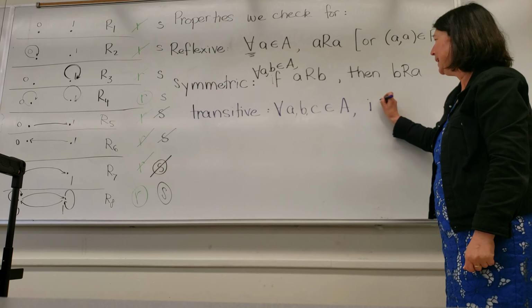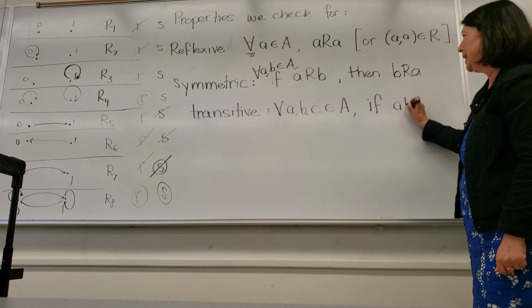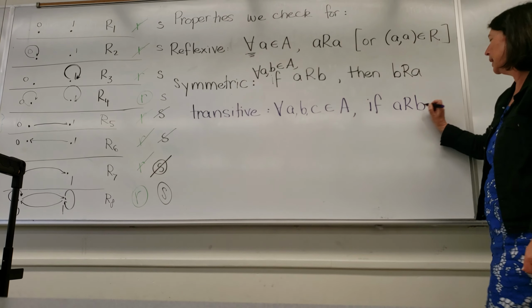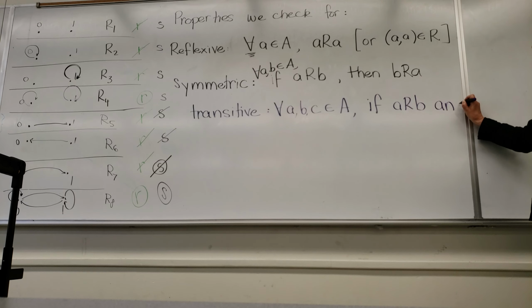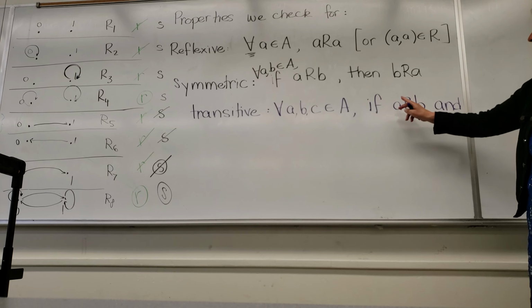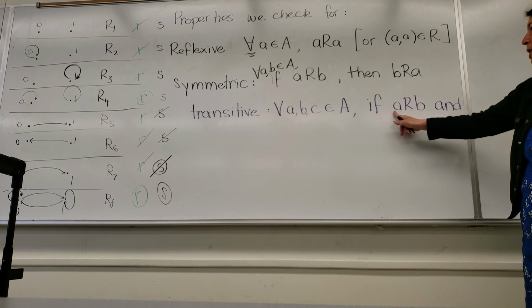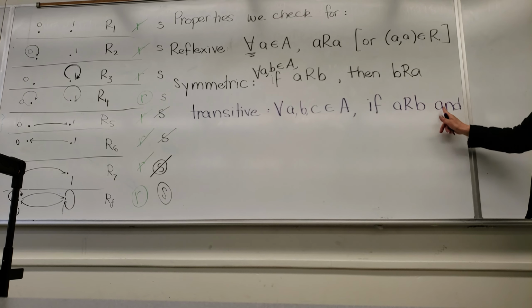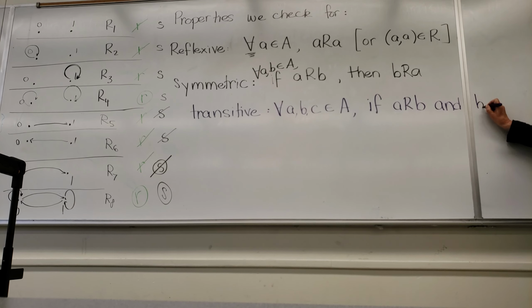So if A is related to B, so this could be like student annoyed with teacher, and teacher annoyed with textbook, then A is related to C. So that's the transitive property.